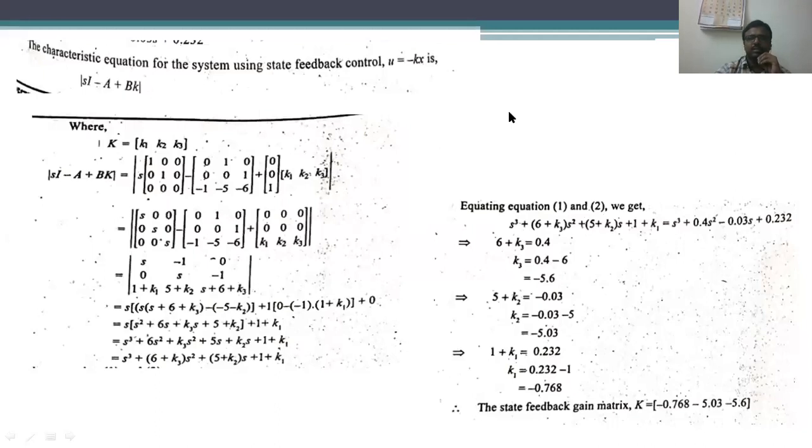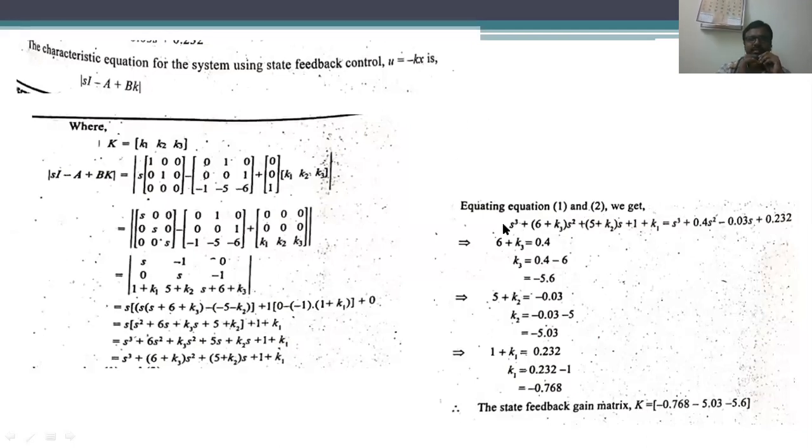So in order to reduce the time, just go with the second method, that is simple calculation of the two characteristic equations: one with respect to the closed-loop poles and the other with respect to the expression SI minus A plus B K. In this way we are able to determine the elements of the state feedback gain.